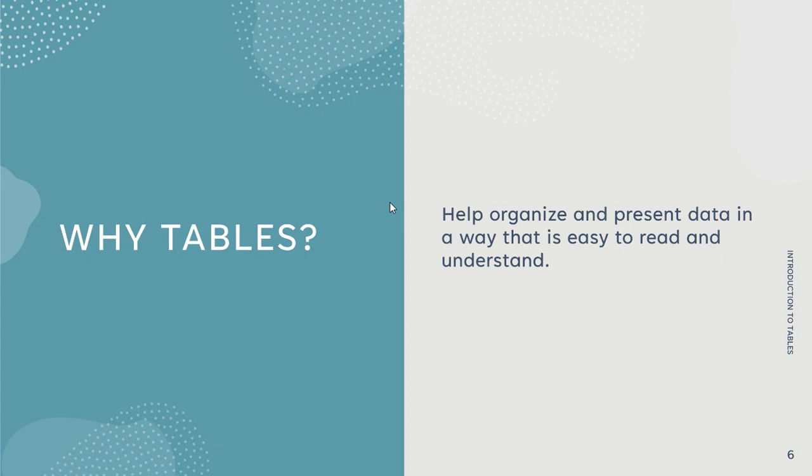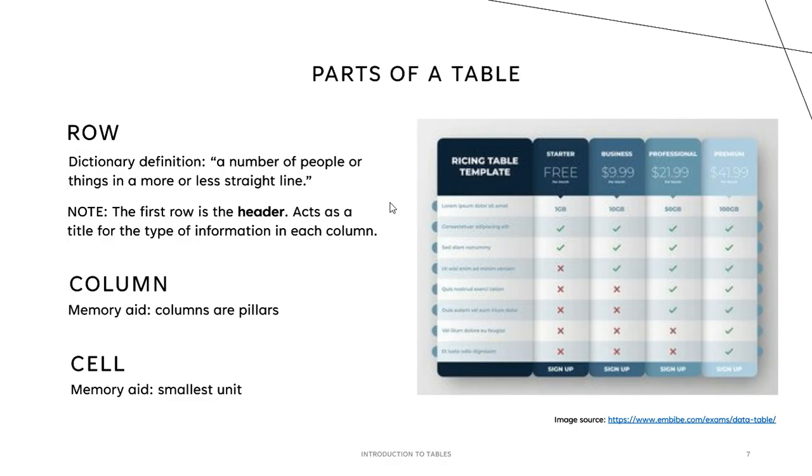They help people to read, analyze, and understand the data, and then make use of the information. Without tables, data might not be easy to understand, especially when there is a lot of data. So tables are very useful in presenting data in a way that is easy to read and to understand.